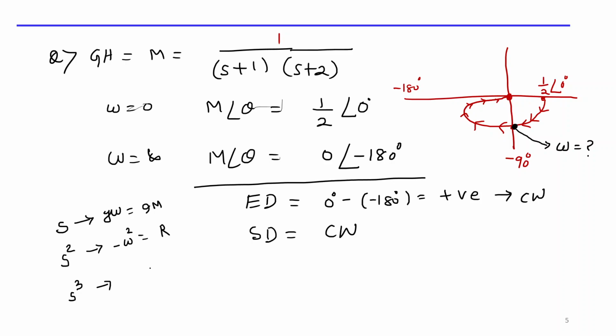S cube again is the imaginary part. If you go for s to the power 4, it will be a real part. So the understanding is that if odd powers of s are present, that gives me imaginary terms. If even powers of s are present, that gives me real terms.